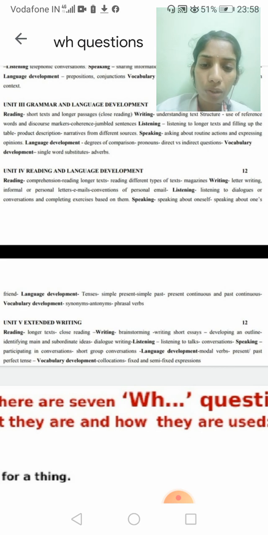Language development includes tenses: simple present and past tense, present continuous and past continuous. There are 12 tenses, and we'll see the tenses also. What about vocabulary development: synonyms, antonyms and phrasal verbs.